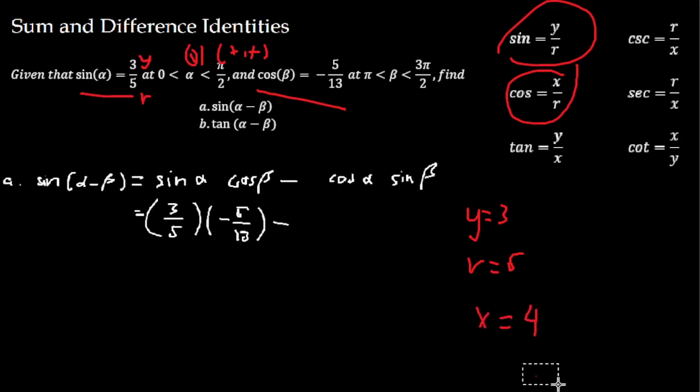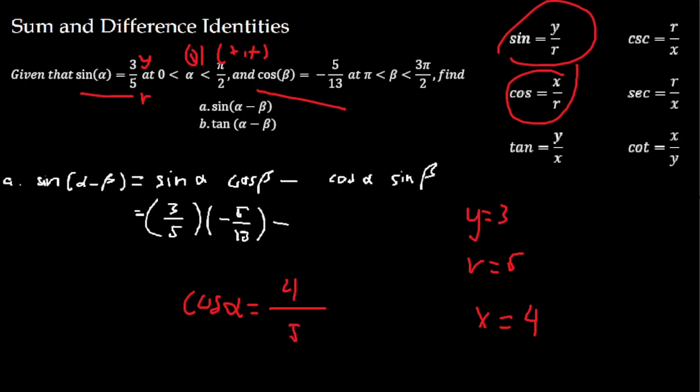Now we already have the x, the y, and the r. Now, can we already get the cosine of alpha? Yes, we can. Since cosine is equal to x over r, we just substitute x, which is 4, and the r, which is 5.